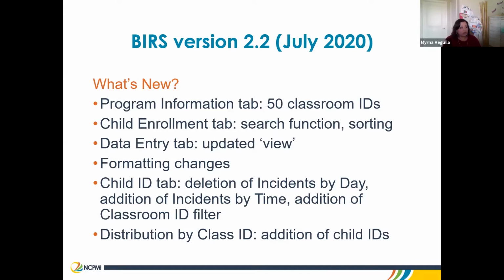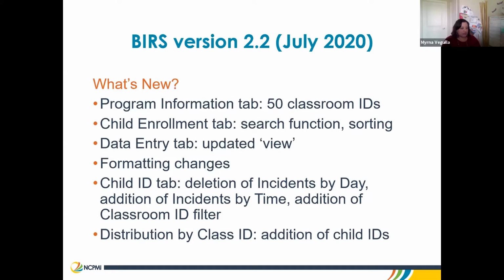The child enrollment tab now has a search function, and it also allows you to sort the IDs. The data entry tab was updated with a view, and I'll show you in a minute. It's kind of hard to explain. And then there were a couple of different formatting changes that I did throughout.